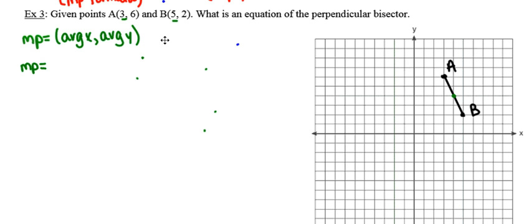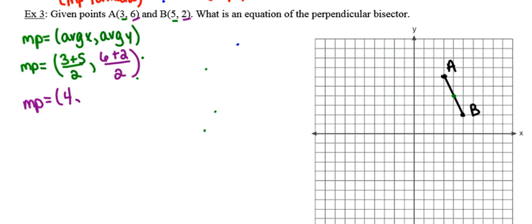So I'm going to look at the x values, add them together, 3 plus 5, divided by 2. Average the 2 y coordinates, 6 and 2. So 6 plus 2, divided by 2. I'm going to grab my calculator if I need to and perform this math. 8 divided by 2 is 4. So just as I suspected, the midpoint does have coordinates 4, 4. So that takes care of the bisector part.